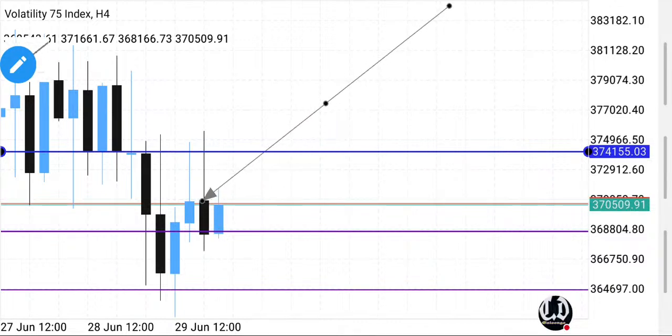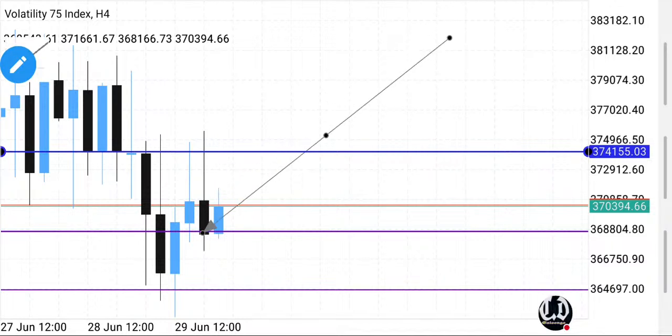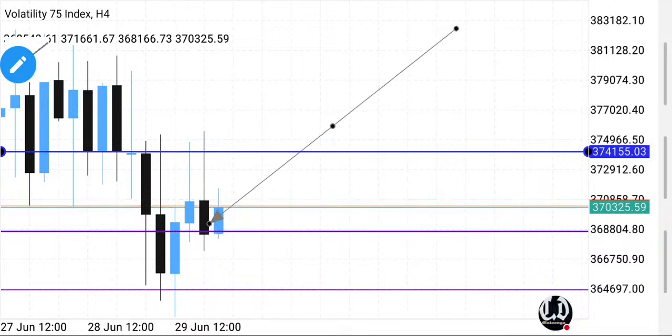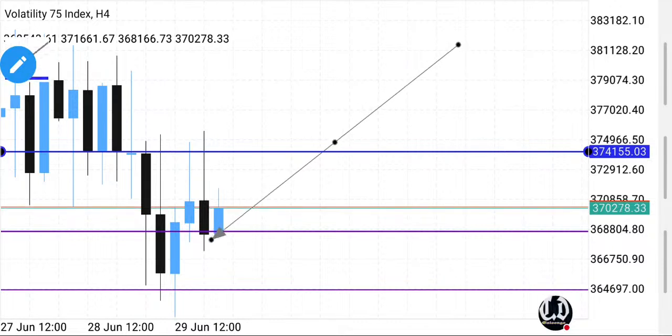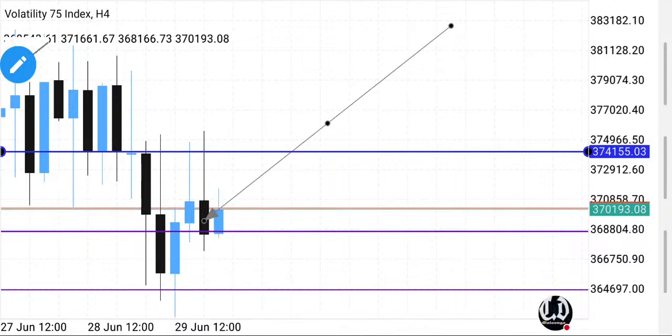For me, call it a hammer. Is it a hanging man or inverted hammer, whatever? For me, I take it as it is. That is how I know. If it closes as a full body like this, or maybe 90% like that, that obviously shows me that the market is going to do what?